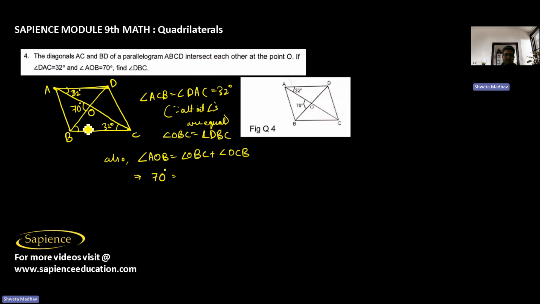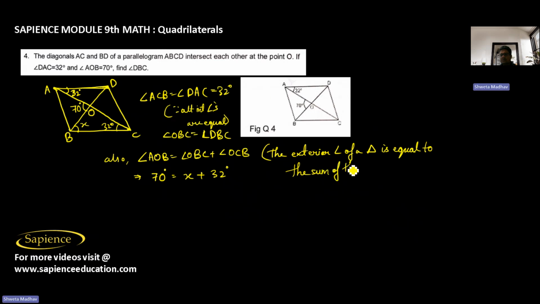So let's take angle DBC as x. So 70 will be equal to x plus 32 degrees, since the reason is that the exterior angle of a triangle is equal to the sum of the two opposite interior angles.